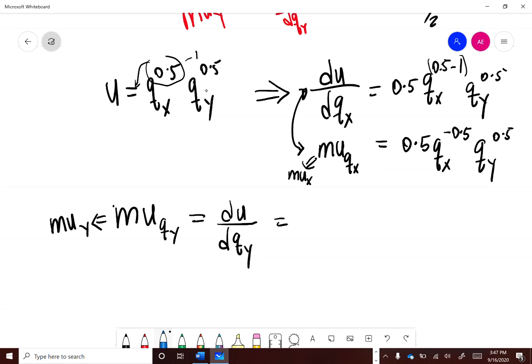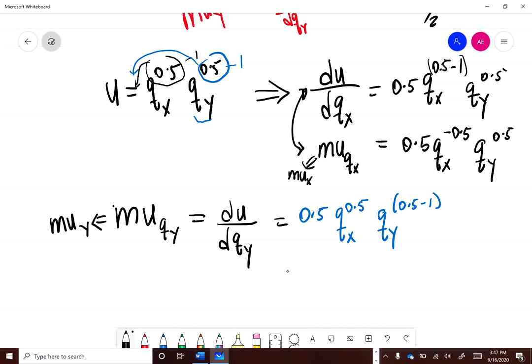Good. So now we're working with q of y here. So we're going to take this power and bring it over, right? And then subtract 1. So we end up with 0.5 times q of x to the power of 0.5 times q of y to the power of negative 0.5. How did we get negative 0.5? Right, we just have 0.5 here minus 1, our derivative rules.